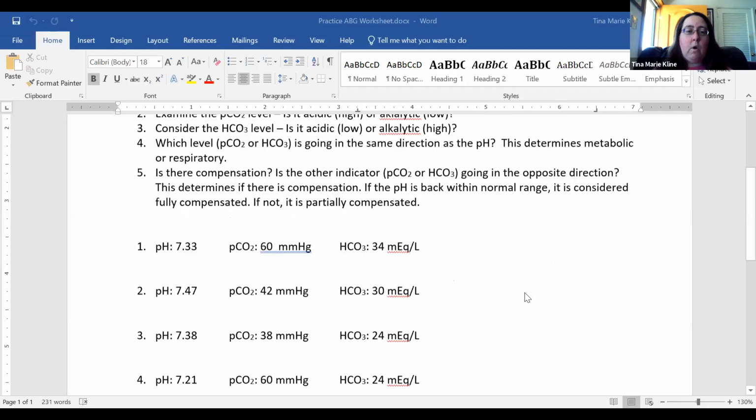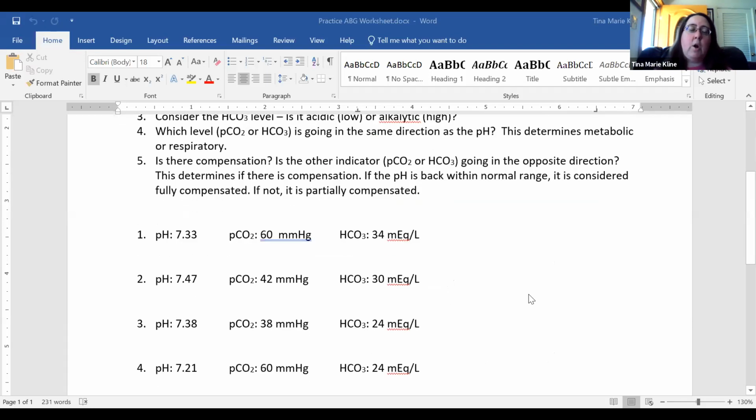I'm just going to work my way down, and let's go through these one by one. Now, remember, Unit 5 does focus on respiratory and cardiac, so obviously that's our focus for this semester. This worksheet was actually from Foundation, so it does have some metabolic content on there, but it's just to go through the basics of how to interpret these.